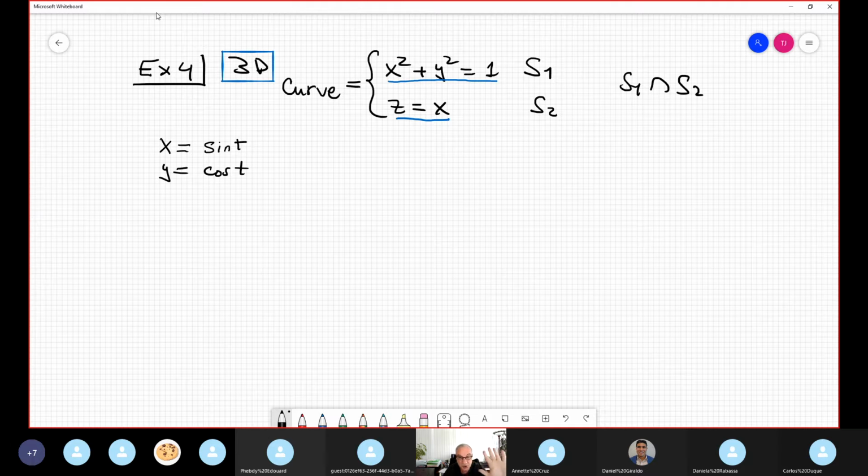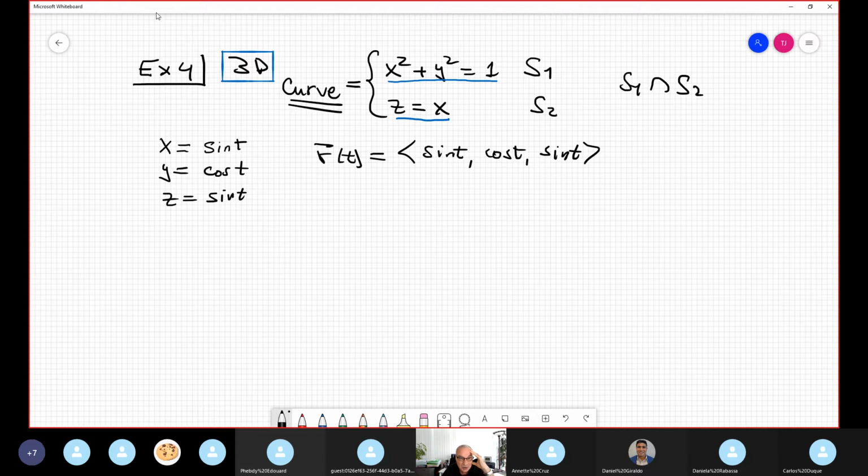The only thing that changes is the orientation. And z is equal to x, that is sine t. End of story. Easy. The position vector of this curve is (sine t, cosine t, sine t). This represents the curve, which is the intersection between the two surfaces. Super easy, or no?